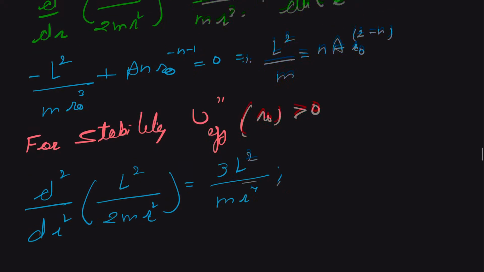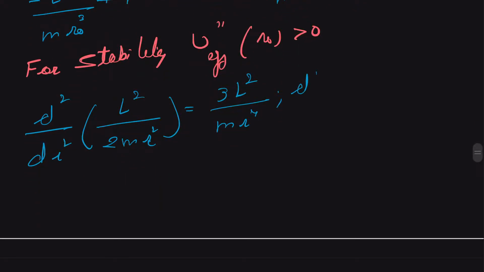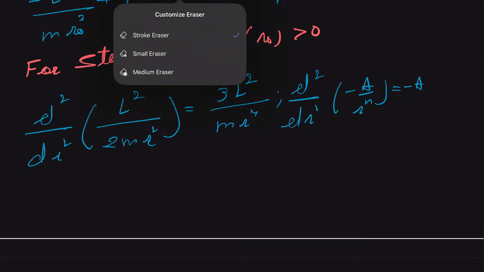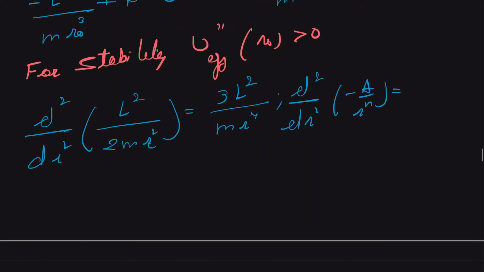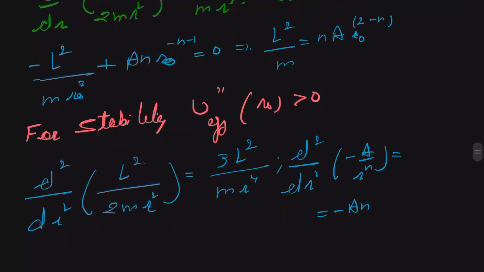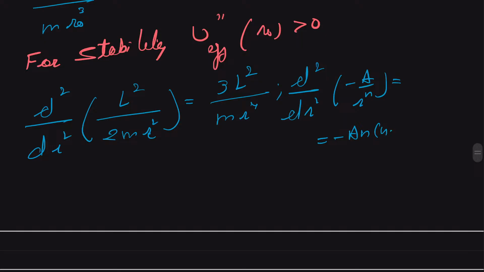And similarly, for the second term, the double derivative of minus a r raised to power n will give us minus a n times n plus 1 times r raised to power minus n minus 2.